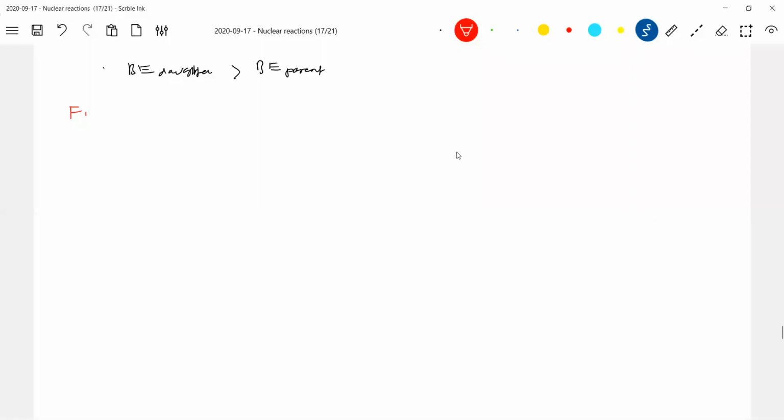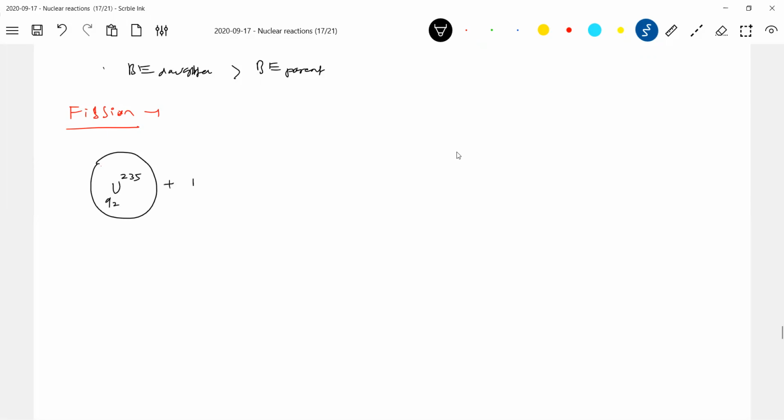So, the basic fission reaction is breaking up into parts. That's called fission. Suppose there is a uranium nucleus, uranium 235, 92.